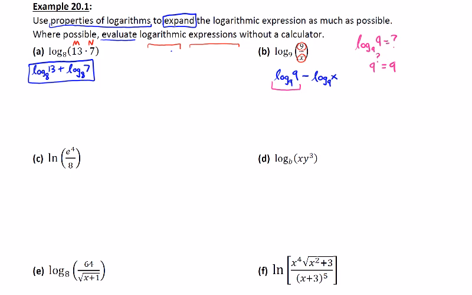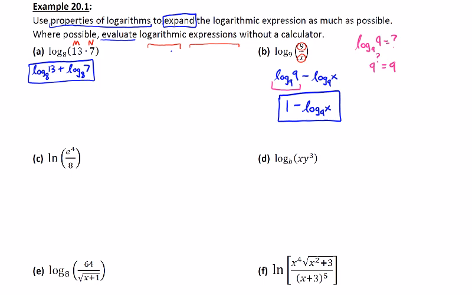And there's only one exponent that makes that true, and that would be 1. So that's what that bottom sentence says, where possible, evaluate the logarithmic expression without a calculator. That's what this is. So now we can say 1 minus log base 9 of x. And that ends up being the final answer after we've expanded and then evaluated wherever possible.